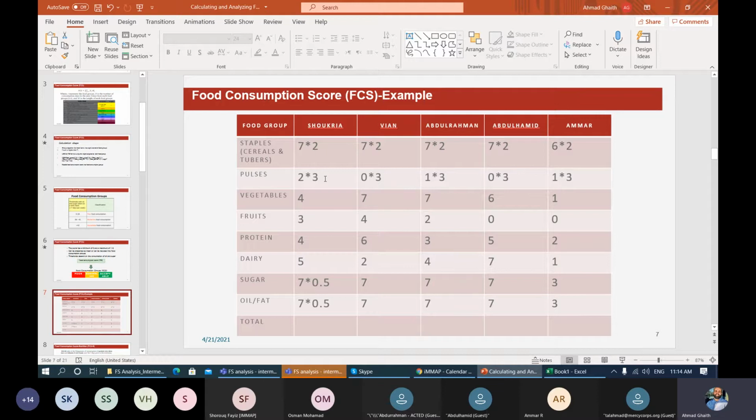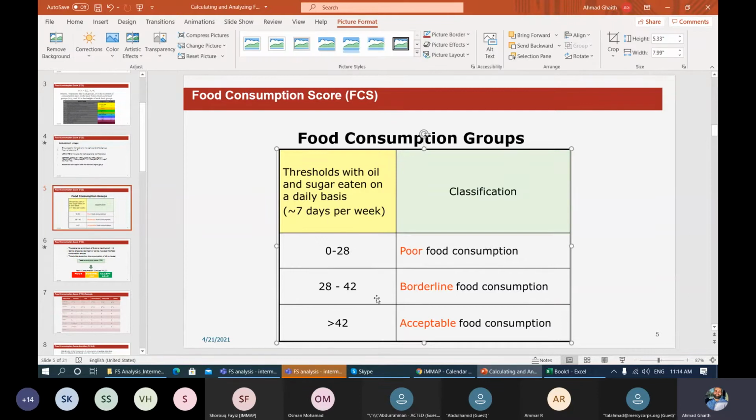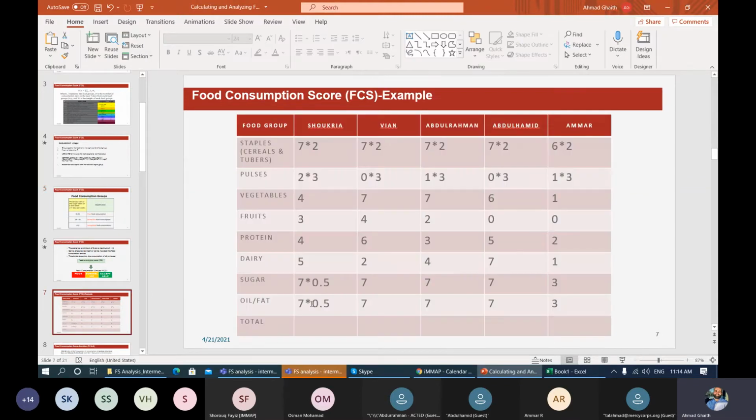There are deeper analyses you can do to get at how the majority of families are getting to a certain number in their food consumption score. But I would say that 0 to 27.99, which you never have a decimal here, so 0 to 27, we'll say it's poor. 28 to 41, say it's borderline, and then 41.5, because you could have a half from sugar and fat, and then 42 and above, we'll say is acceptable food consumption. Thanks for clarifying that.